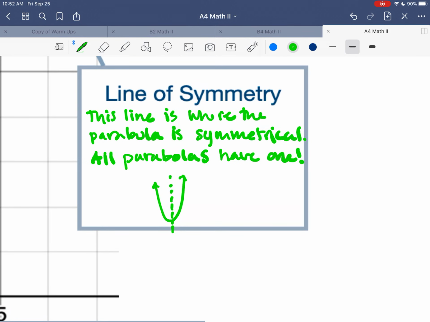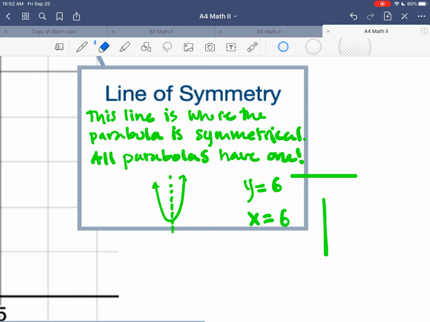Another thing about this one is if you were to write an equation for the line of symmetry, which we actually do eventually, the line of symmetry is a vertical line. So if you write an equation y equals 6, it makes a horizontal line. If you make a line with x equals something, it makes a vertical line.